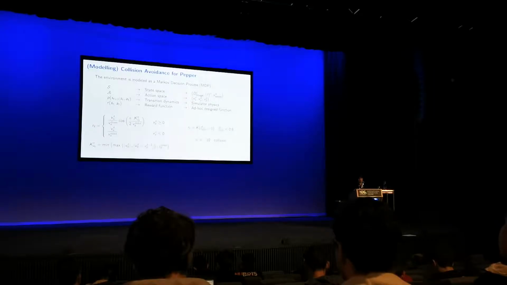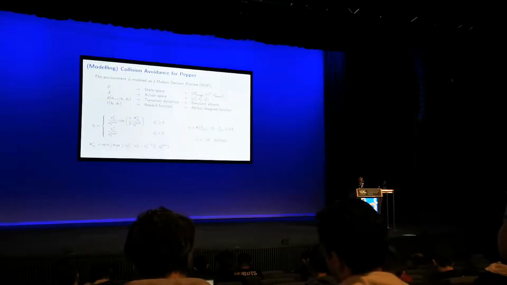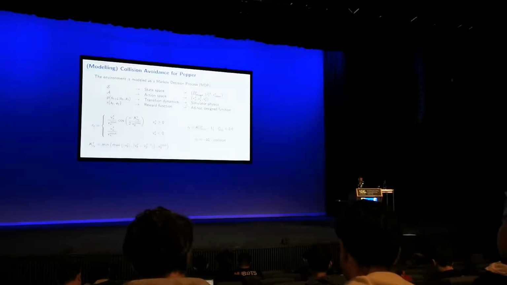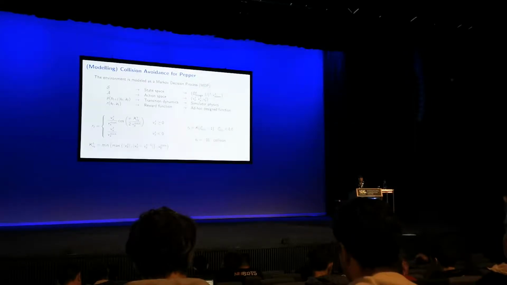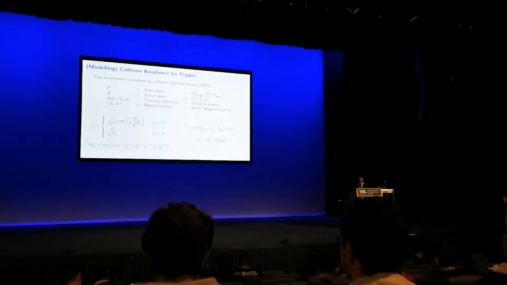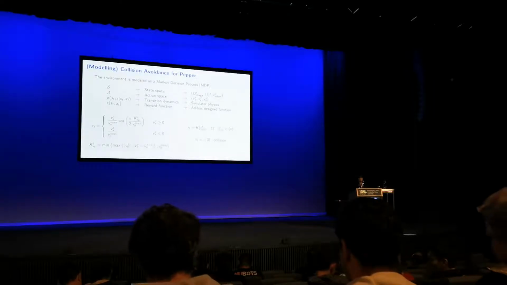As we model the environment with episodes, we end episodes if the robot collides with any obstacle, or if the robot reaches a certain time step limit. And also there's a punishment signal, as you can see, which depends on the minimum distance seen by the robot according to its laser range measurements.